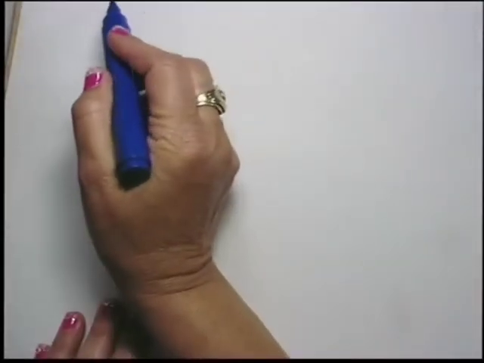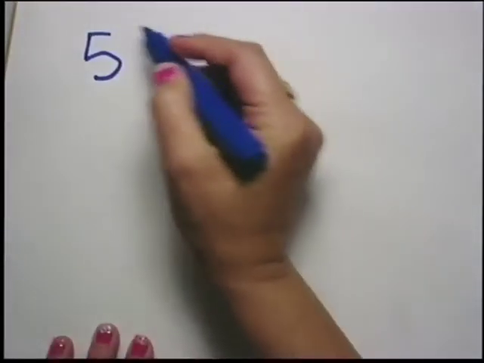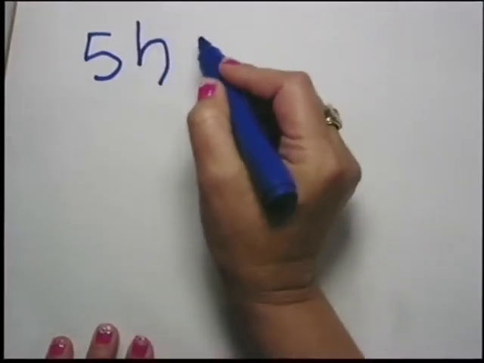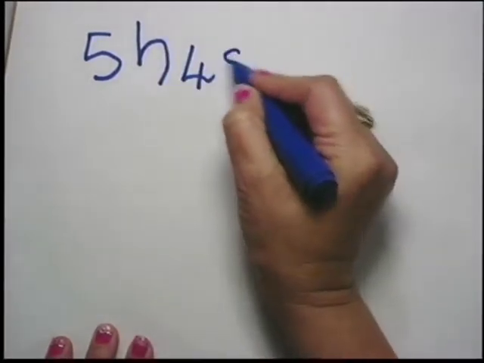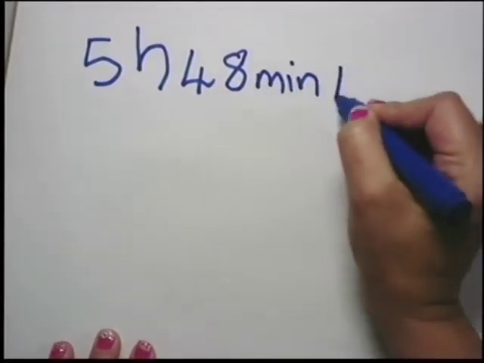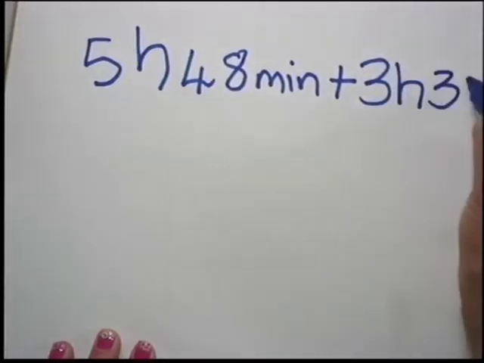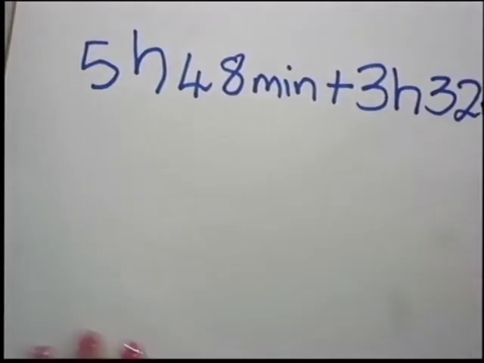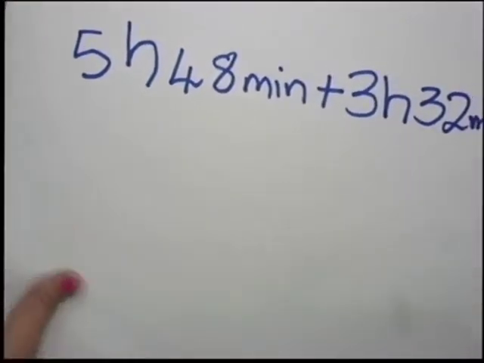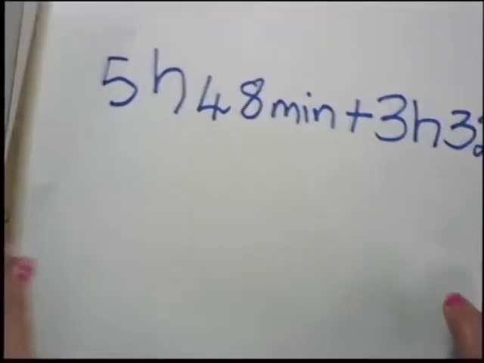For instance, if I have 5 hours and 48 minutes, and I add 3 hours and 32 minutes. How do I do this? How do I do this calculation?